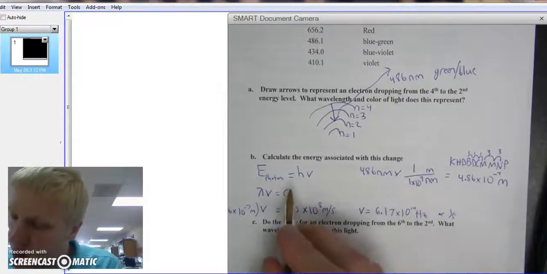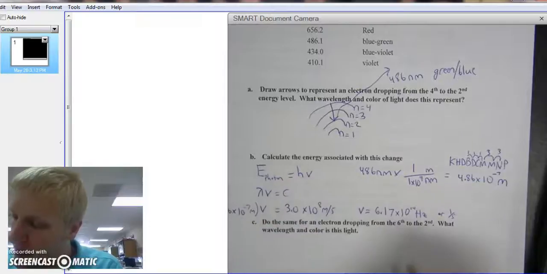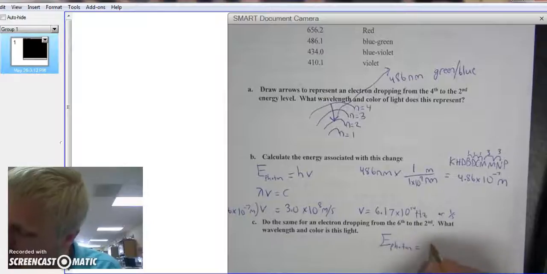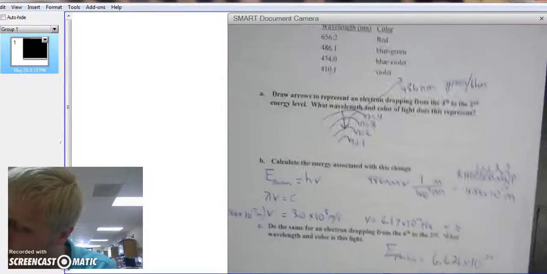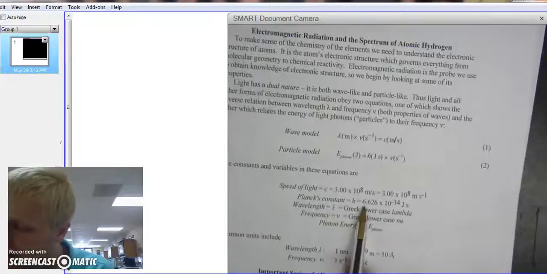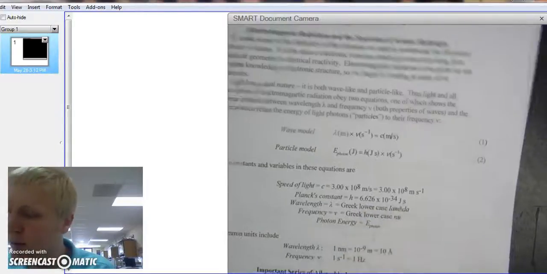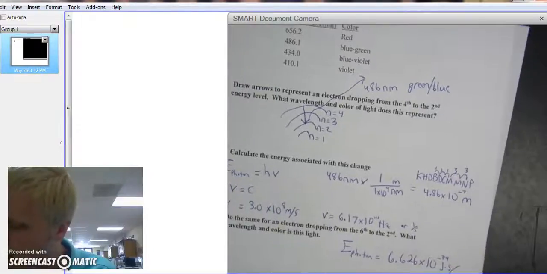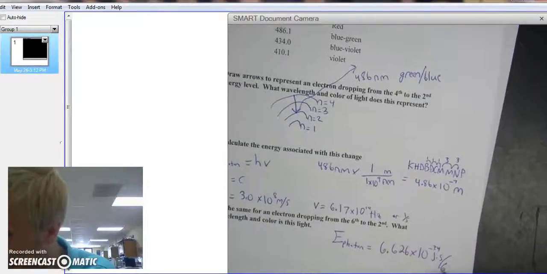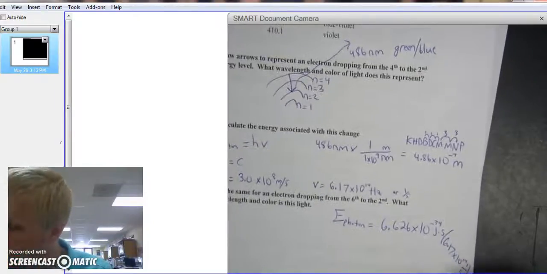Alright, next I'm going to plug it into the energy equation. So my energy of the photon equals Planck's constant, which is 6.626 times 10 to the negative 34th joules times seconds. And we're going to multiply this by 6.17 times 10 to the 14th, 1 over second, which really means seconds cancels out.